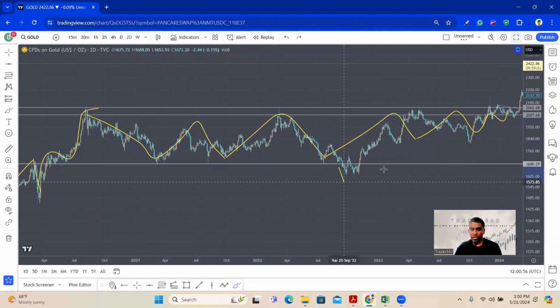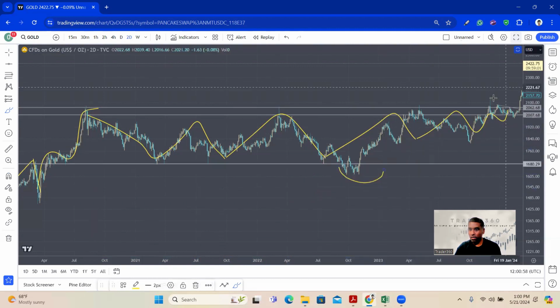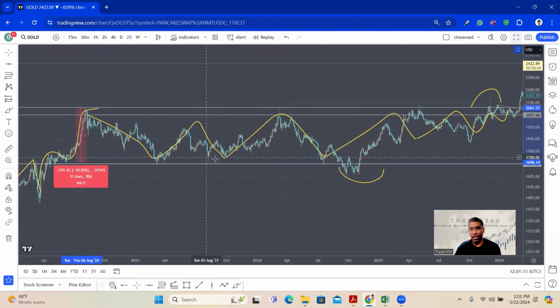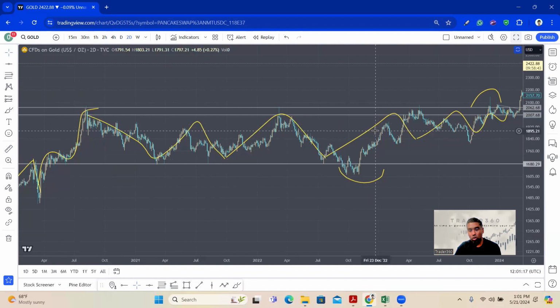This was a deviation here, and this was a deviation here. So the prices moved in between 2060 and 1676. How much percent is it? The prices moved 17% up and down in this whole 4 years.